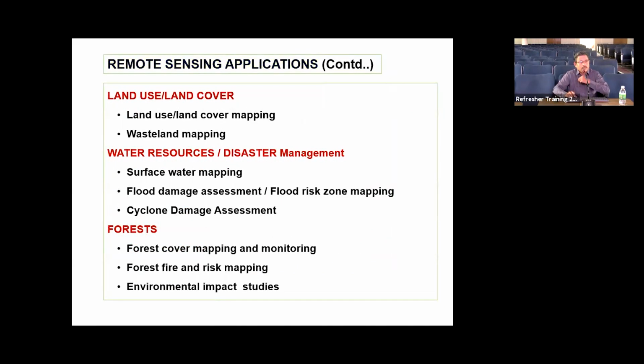In land use land cover mapping, what is there on the land, how much area is under agriculture, how much under forest and other areas, can be very well mapped. In water resource studies, surface water mapping is possible, we are doing it now. There are also flood damage and cyclone damage assessment, and applications in forestry. These are all the various fields of application.